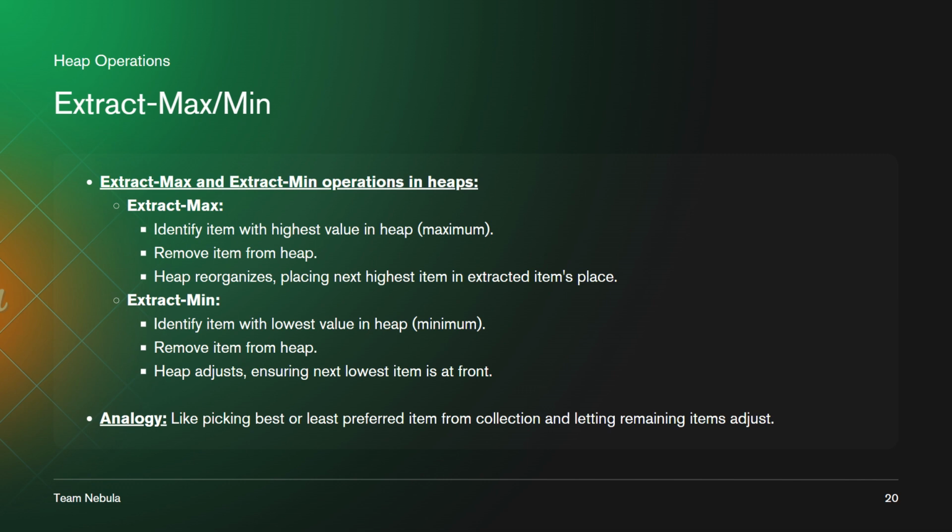But if you do an extract min, you are getting the least valuable one. Think of it like picking the best or the least preferred item from a collection and then letting the collection reorganize itself. It's like taking out the shiniest gem from a treasure chest and letting other gems shuffle into place.